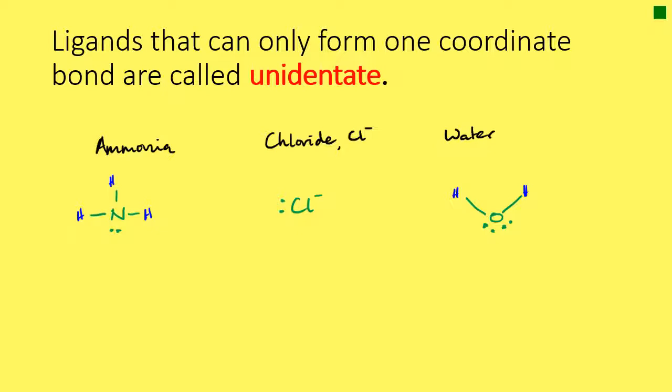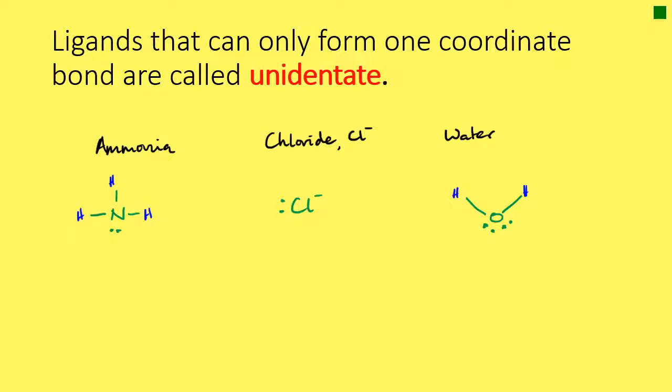As you know, it has 5 electrons in its outer shell. 3 of them are involved in the 3 covalent bonds with the hydrogens, and the last 2 are left as a lone pair, which are drawn there as a couple of dots. All right, so you can see it's got one lone pair, and therefore it would be able to form one coordinate bond, and therefore clearly that is a unidentate ligand.